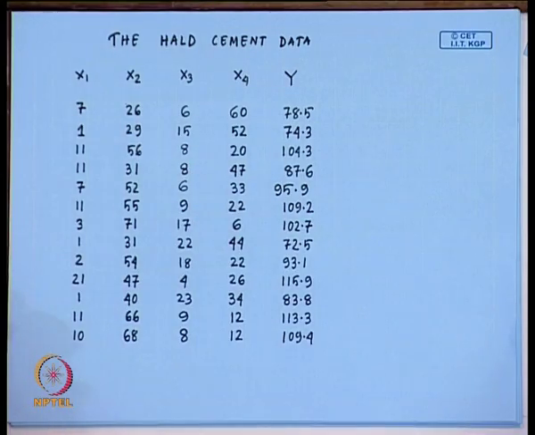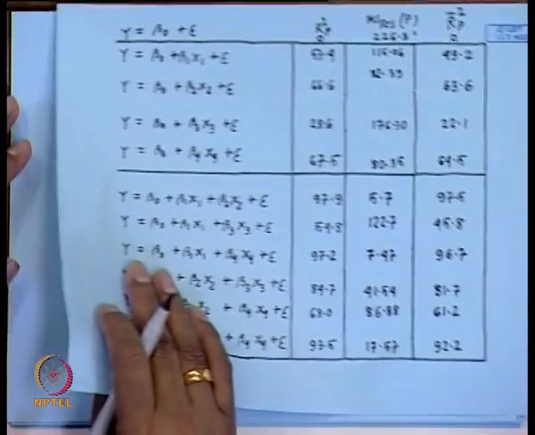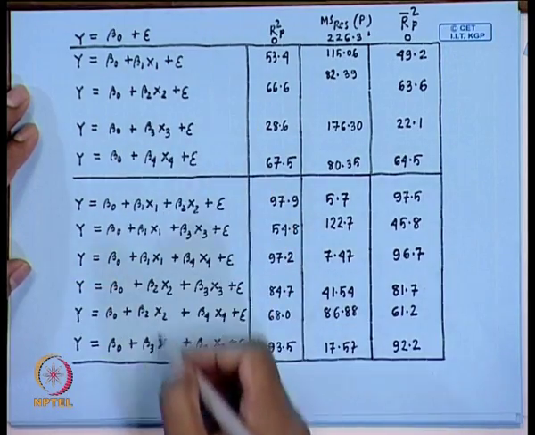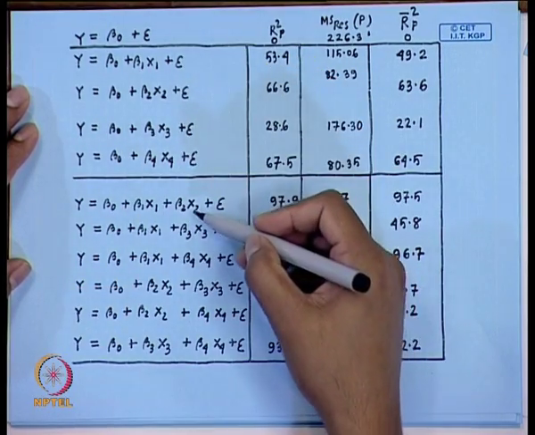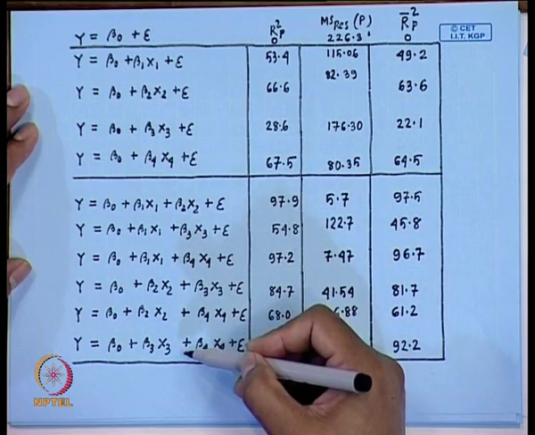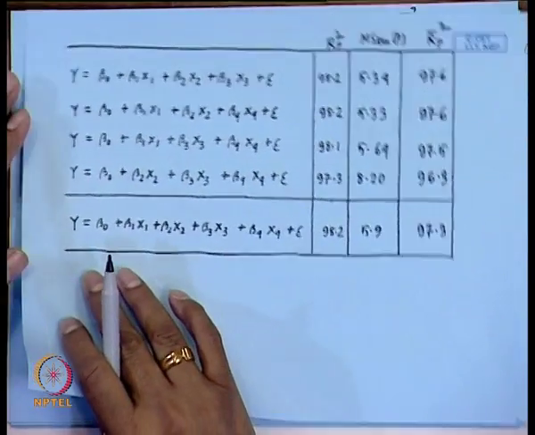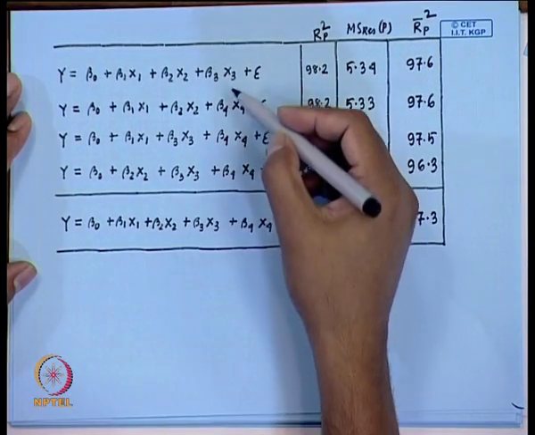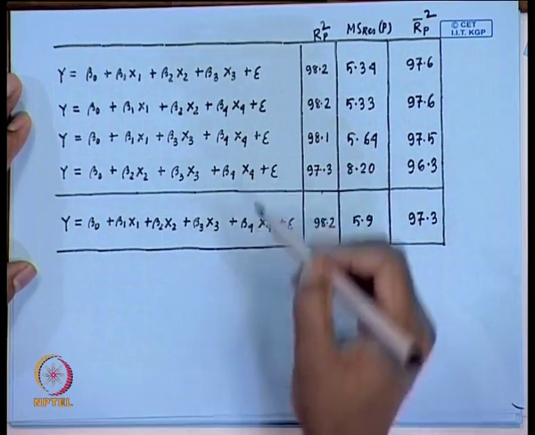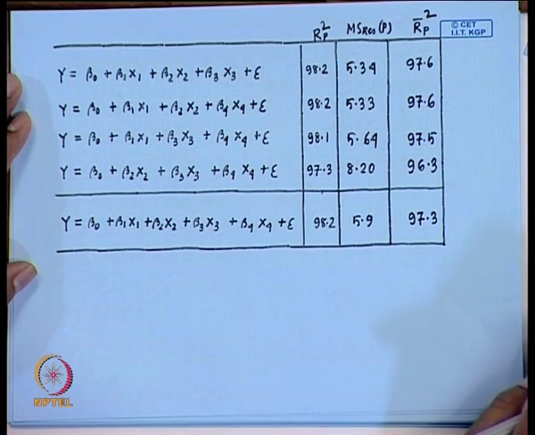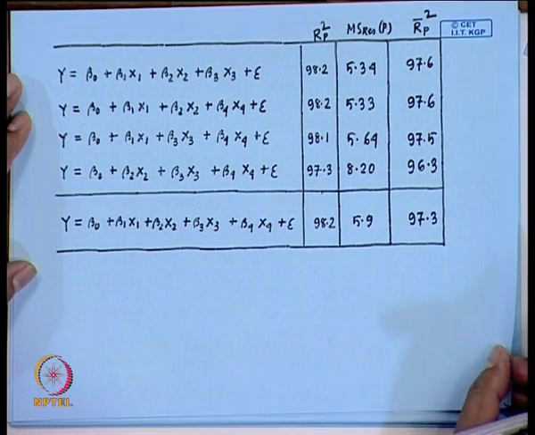Let me explain the all possible regression situation here using this example. There are 4 regressor variables, so these are the possible models. These are the possible models with 1 regressor, these are the possible models with 2 regressors, these are the possible models with 3 regressor variables, and this is the model with 4 regressor variables.